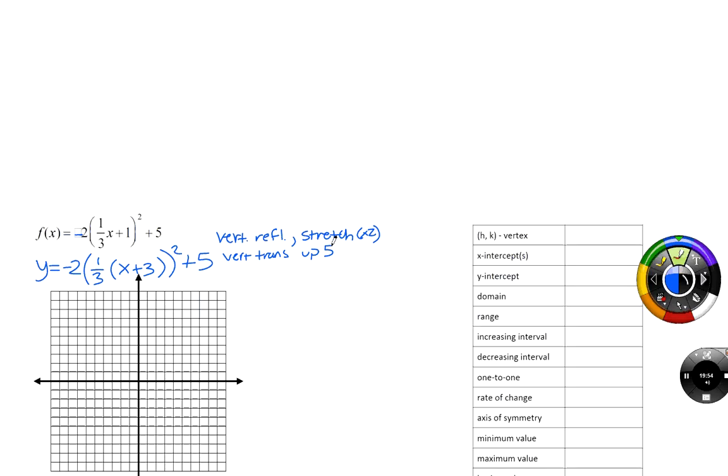So what that means for our table, so again, this is for the parent function. What's going to happen to the y values if these are all of our vertical transformations?